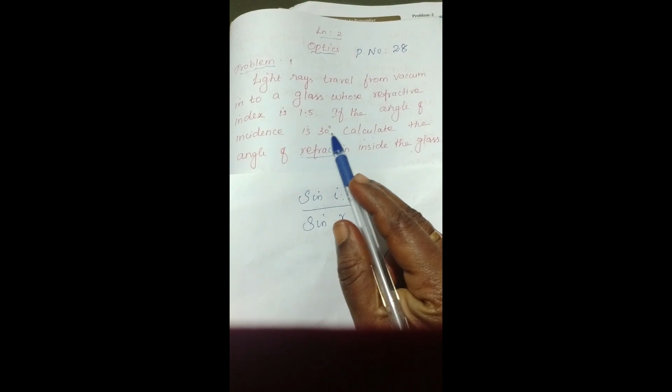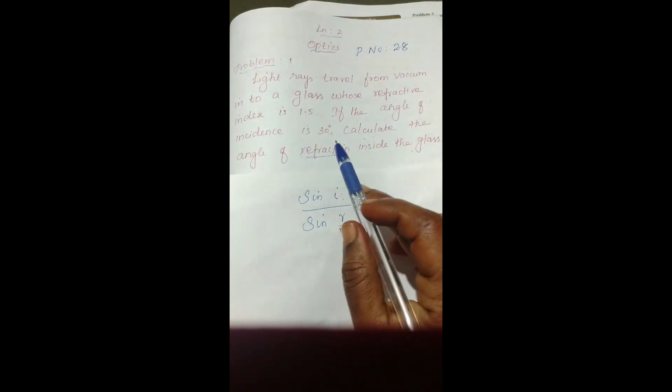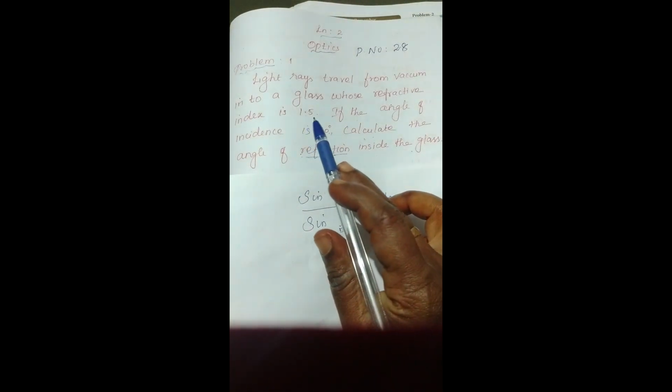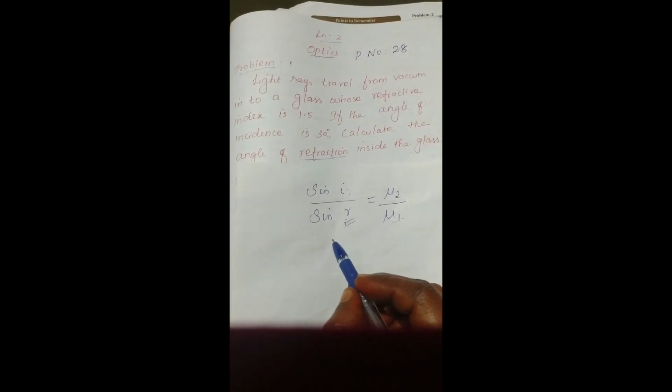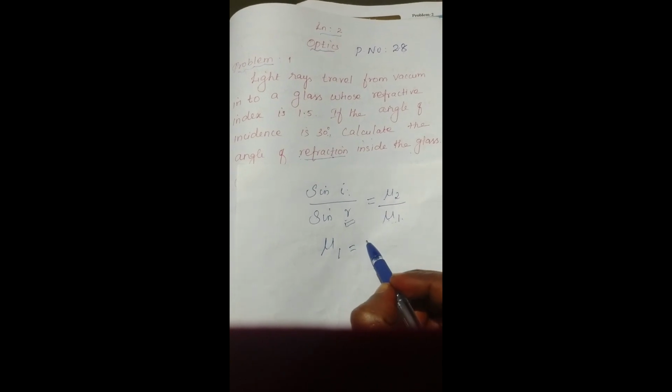So angle of incident i value given how much? 30 degree. And the refractive index here they given 1.5. But we know here two values are there, is it mu 2 by mu 1. So here what is mu 1 and what is mu 2? See, this mu 1 represents the refractive index of the air. Okay. So the value of mu 1 is equal to 1.